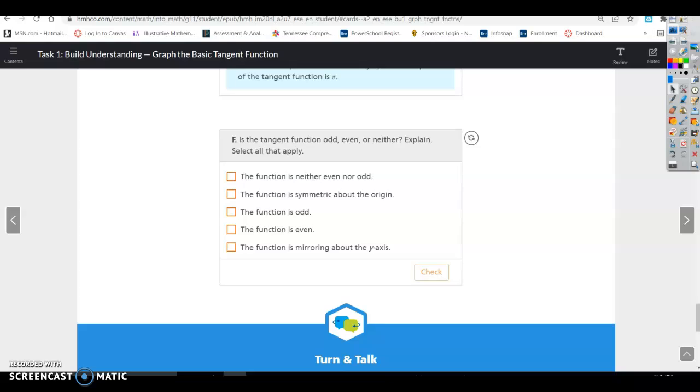All right, is the tangent function odd, even, or neither? Explain. Select all that apply. The function is neither even nor odd. The function is symmetric about the origin. The function is odd. The function is even. The function is mirrored about the y-axis.